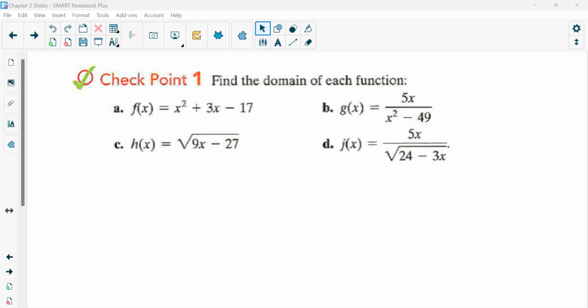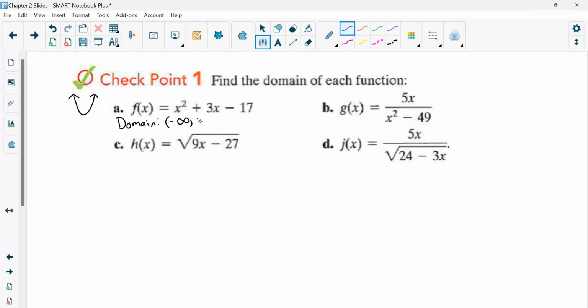It's a parabola, right? So knowing that this looks like a parabola and it has arrows on both sides, is there any restriction to what number we can plug in for x? Or what's our domain of that? Does it go left forever and right forever, or are there certain numbers it doesn't happen? It's all real numbers, right? So just knowing what the graph looks like, we can say this is going to be negative infinity to infinity.